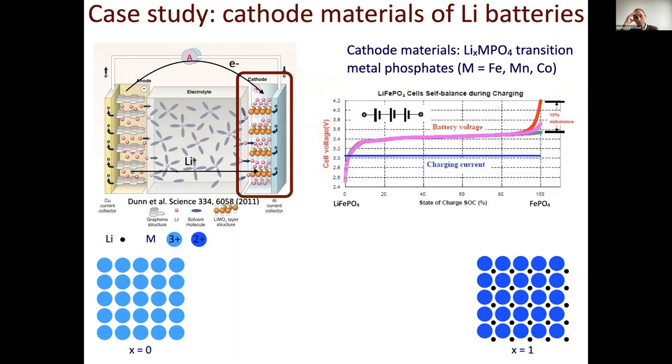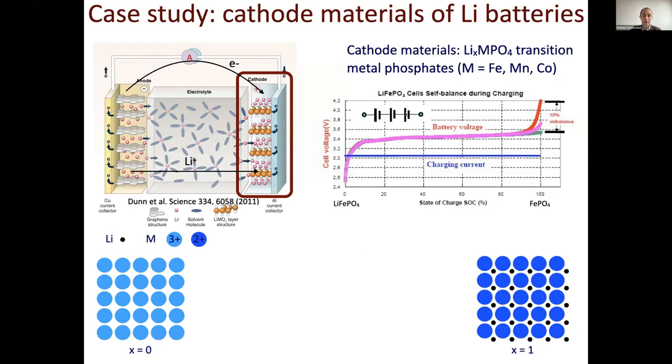So the voltage doesn't change in between these two states, except of course for a small region around here and around here, which we'll neglect today. And that's not a trivial statement from the point of view of the cathode, because it means that no new phase forms at intermediate concentration of lithium.